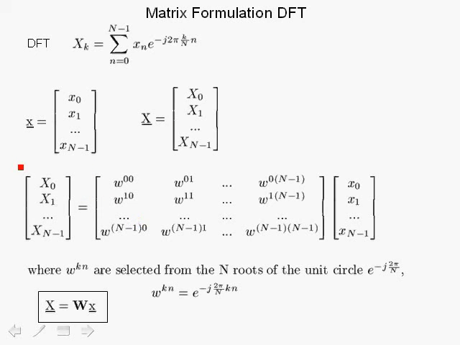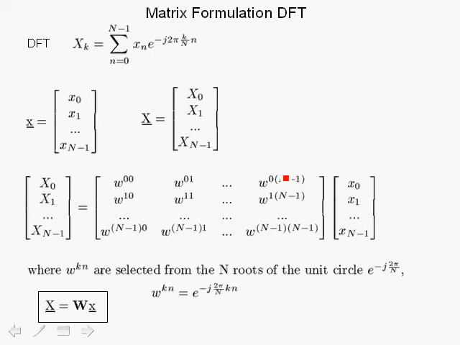So you can quite easily verify that this matrix representation encapsulates the whole discrete Fourier transform formula. Each one of the W with superscripts k and n is shown over here in terms of the exponential, and you can verify that by substituting these exponentials into this matrix, and you will obtain the discrete Fourier transform representation.